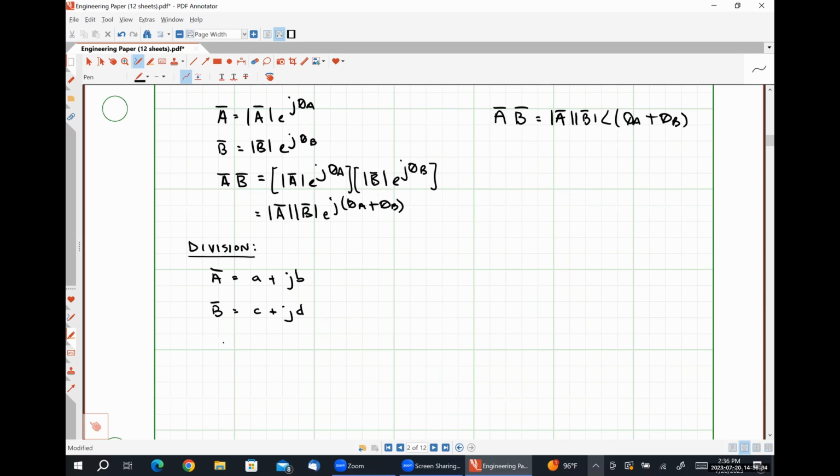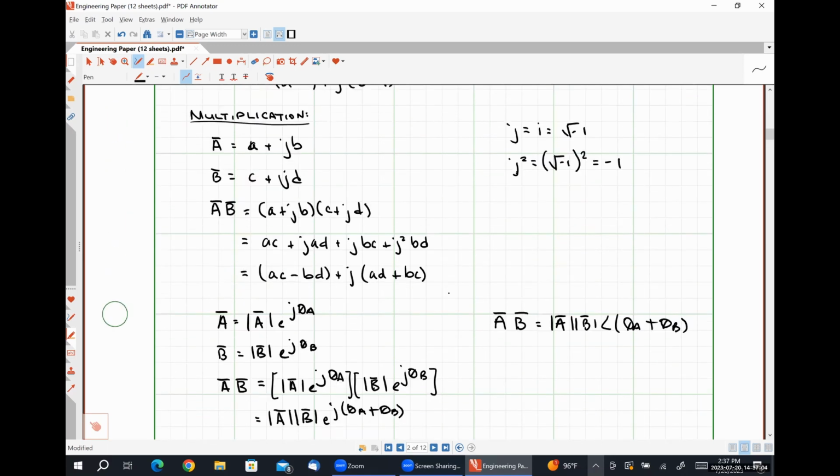And then division is going to look like A divided by B. And actually, let me move the equal sign over because I'm going to have to do something to this in a moment. You'll see why. That's going to look like A plus JB over C plus JD.